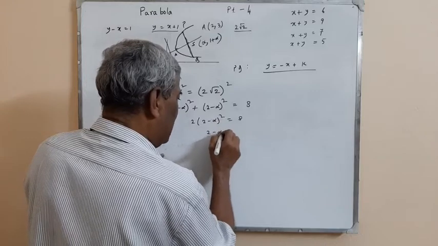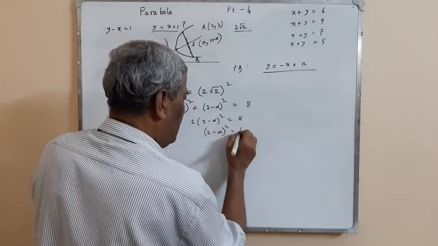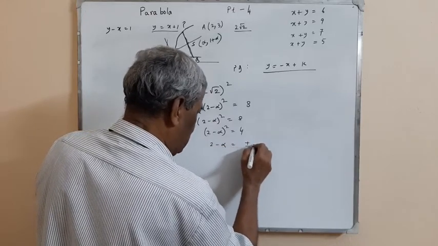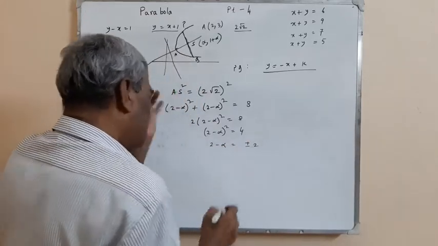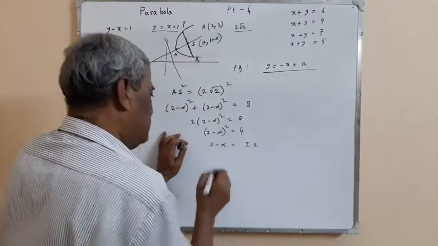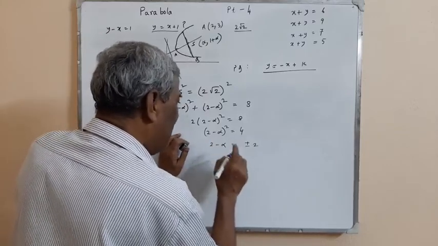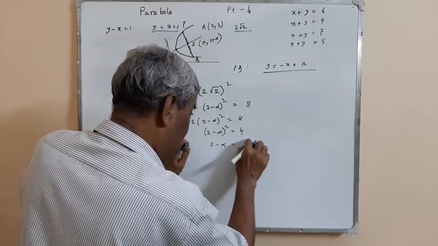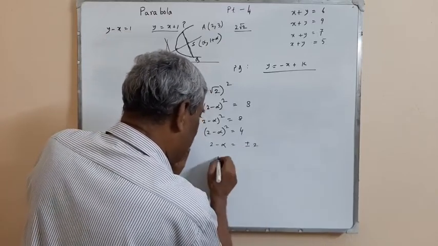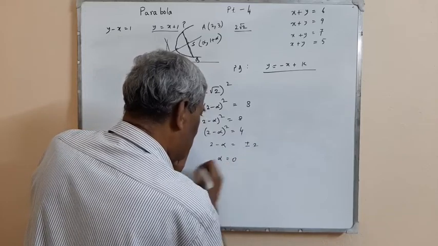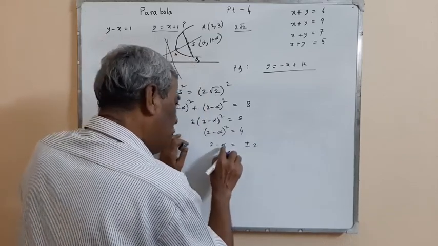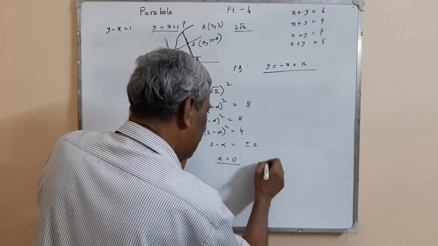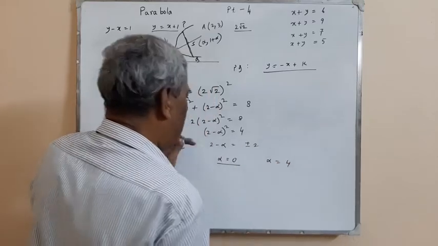So 2 minus alpha whole square is equal to 4. So 2 minus alpha is equal to plus minus 2. If we take plus 2, then alpha is equal to 0. If you take the negative value, in that case alpha is equal to 4.